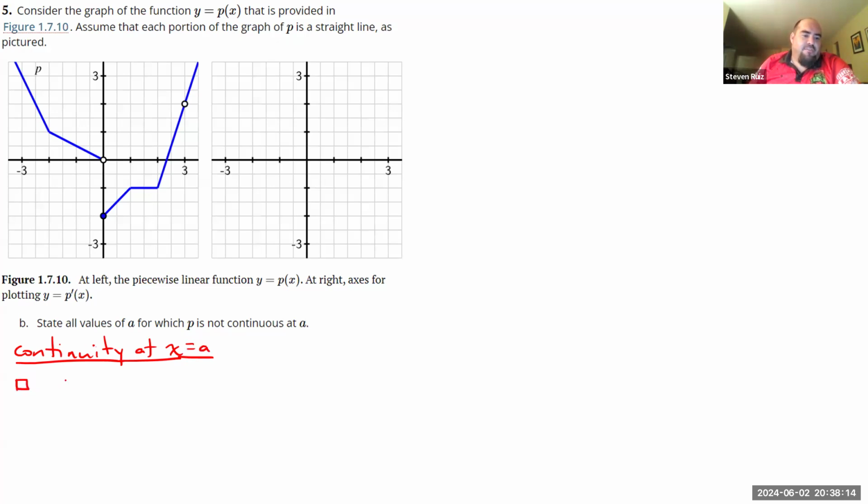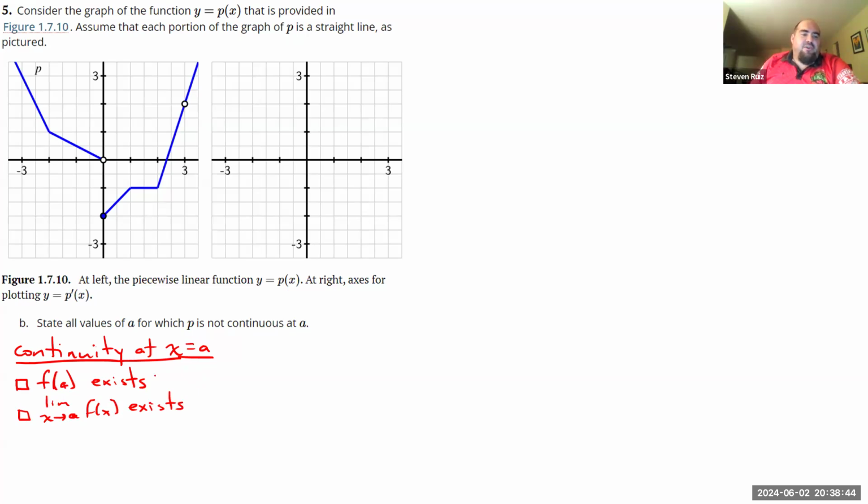First thing to check is this: f of a exists. Is the function defined at x equals a? So that's necessary. What else is necessary? The limit as x approaches a of f of x also exists.